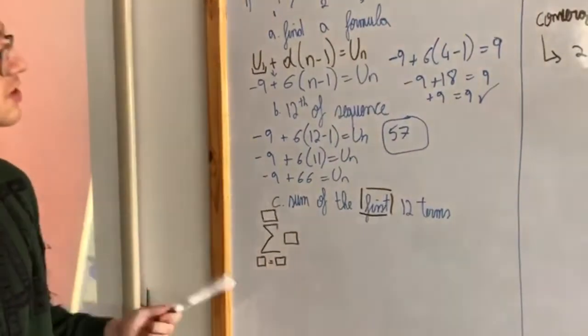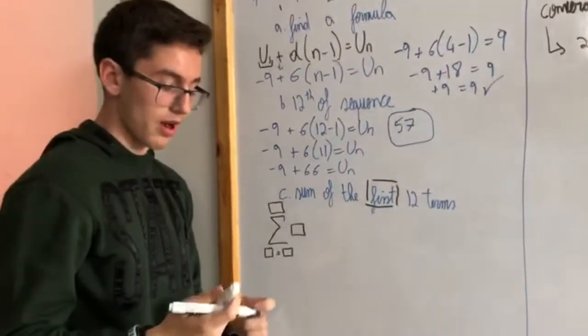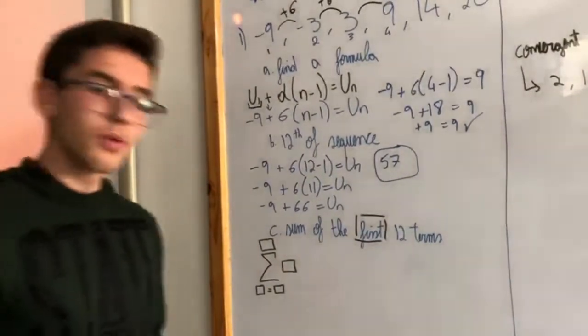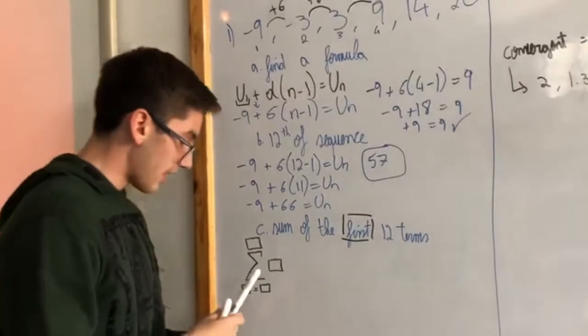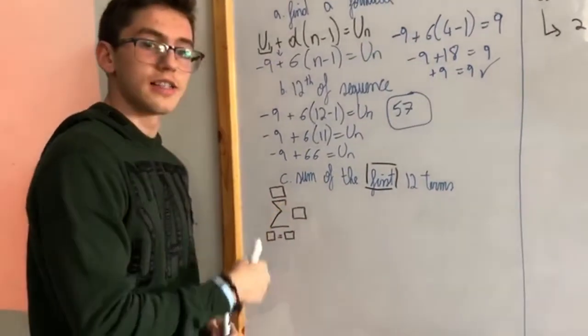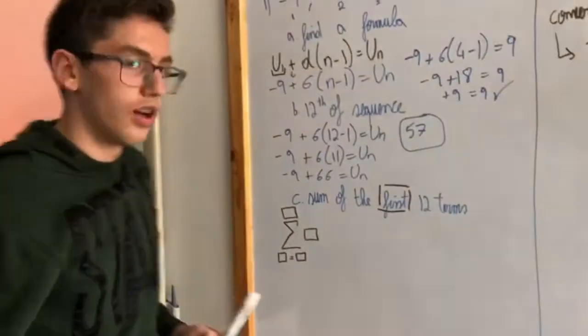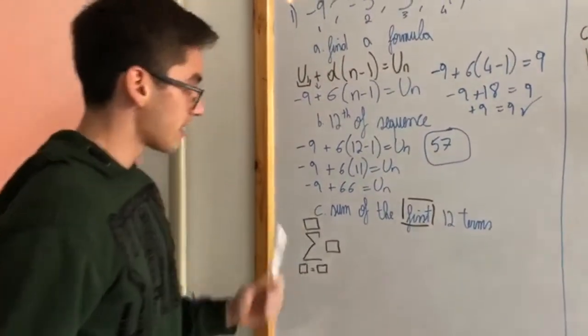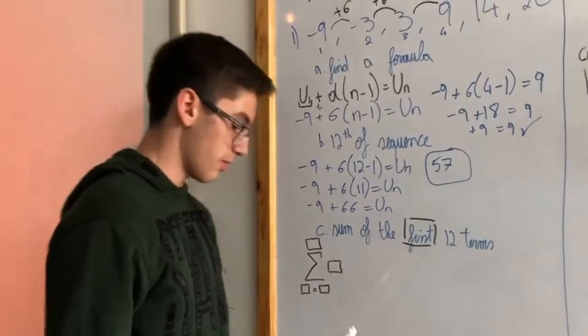And the last question that is also pretty common when you're talking about arithmetic and geometric is the sum of the first 12 terms. So we did this last class, and as you guys can recognize, this shape right here is called the sigma, which we will learn about more in calculus, as Mr. Harris said. This is what you need to find out for the sum.